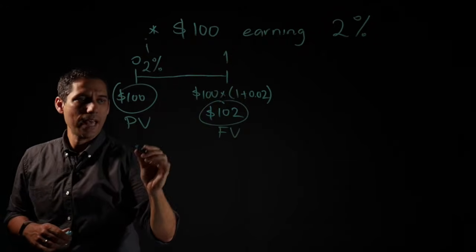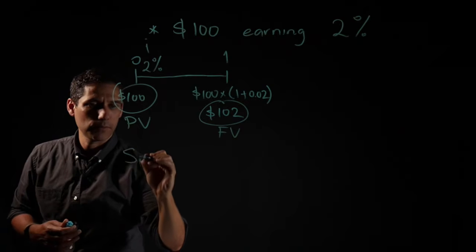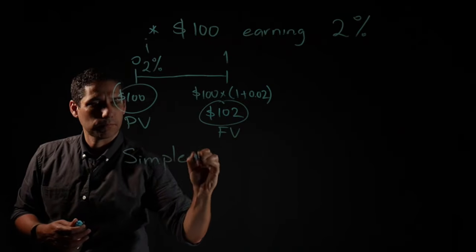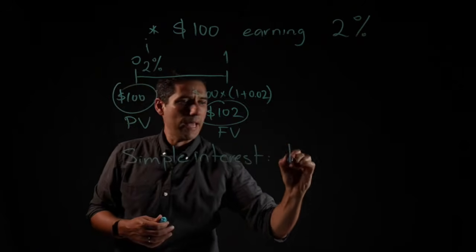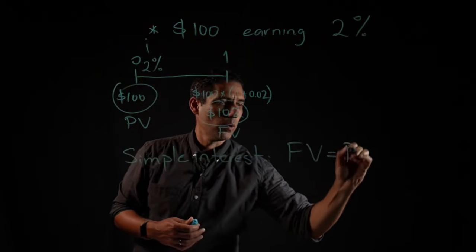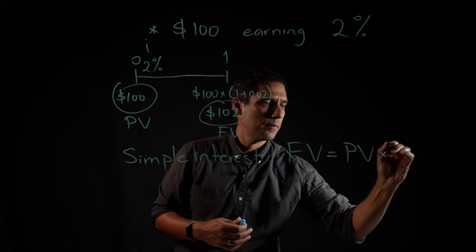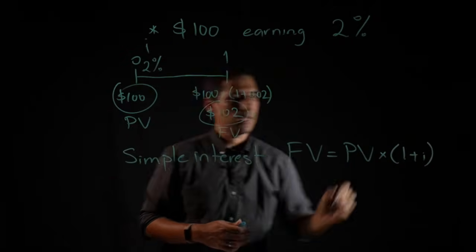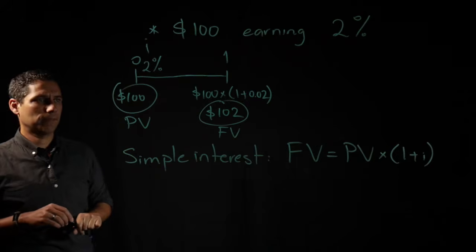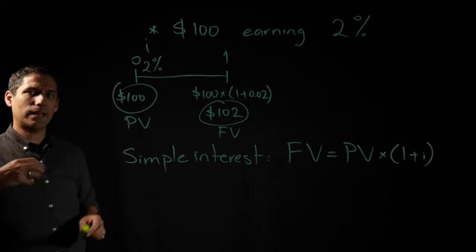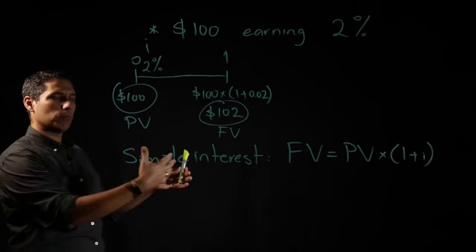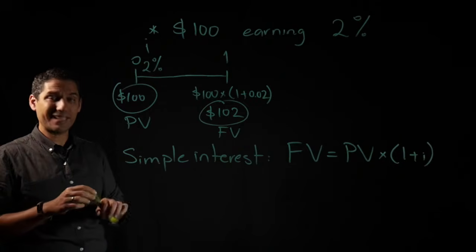So in the simple interest case, we end up with FV equals the amount we deposited times 1 plus I.